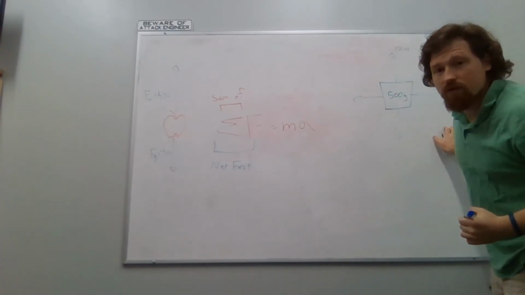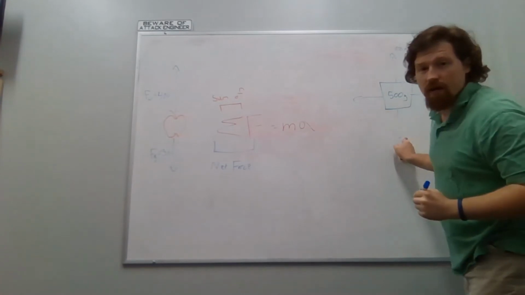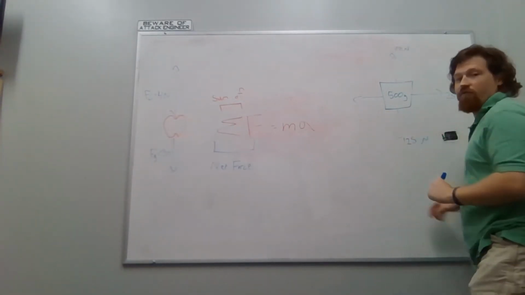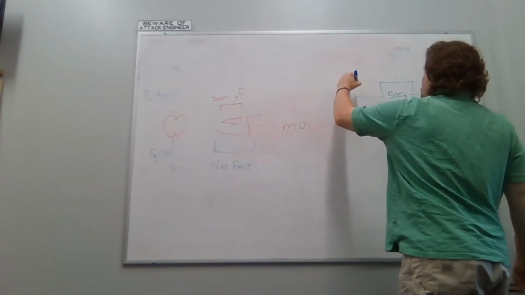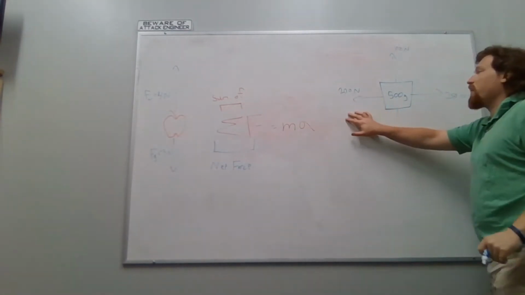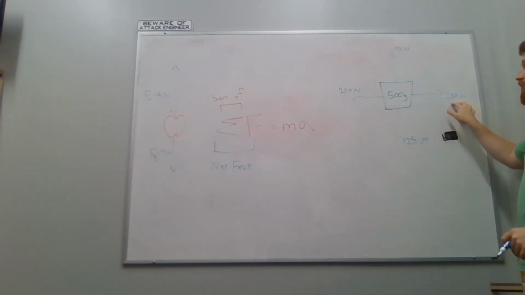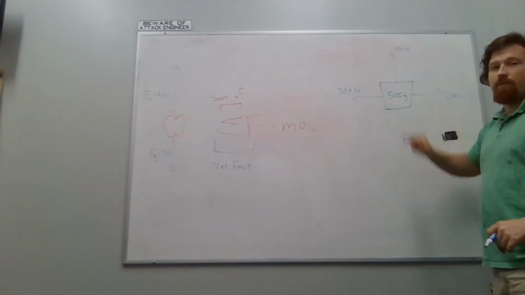Our next force is 250 newtons to the left. Our next force is 125 newtons down. And our final force is 200 newtons to the left. This is 250 newtons to the right. So, these are the 4 forces acting on this box.